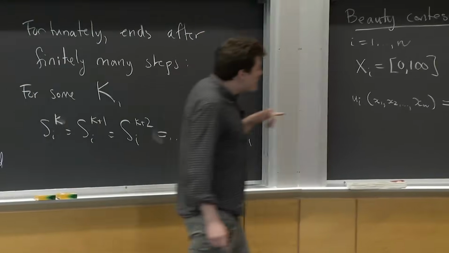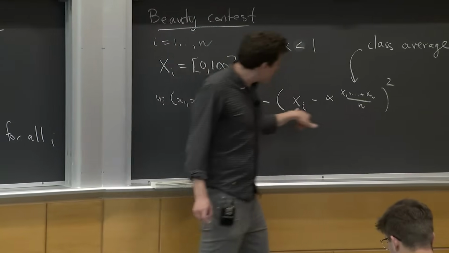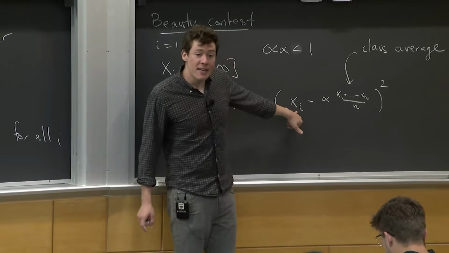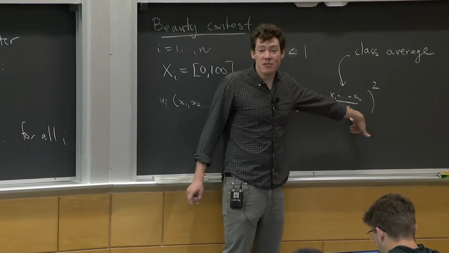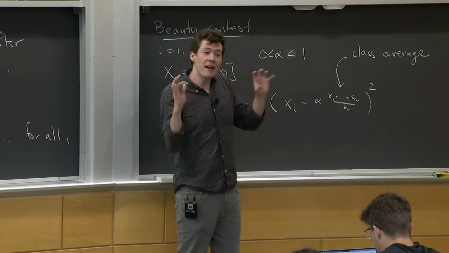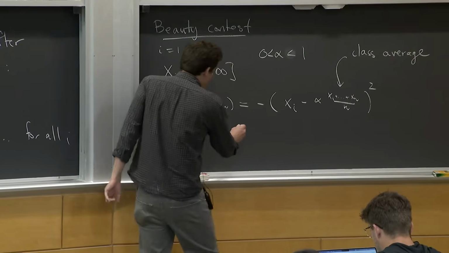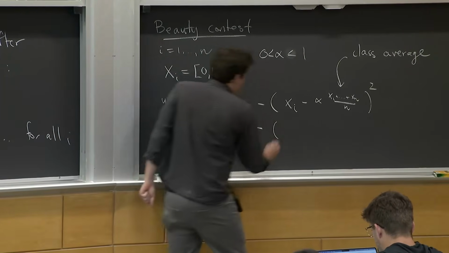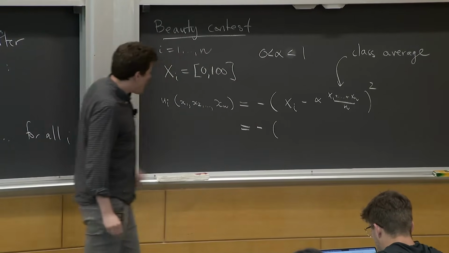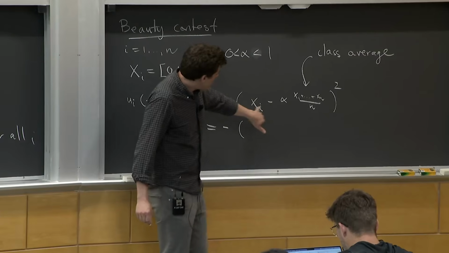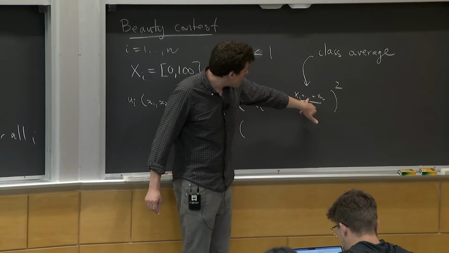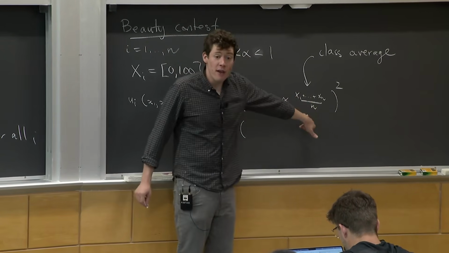It turns out it's a little tricky to analyze this directly, because when I think about my guess, I'm also changing the class average at the same time. So it's better to just factor out the xi. So let's write this a bit differently. So we have xi here, but then there's also an xi here, and it's multiplied by alpha over n.